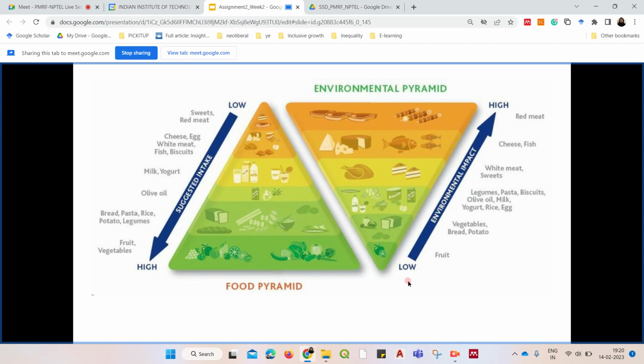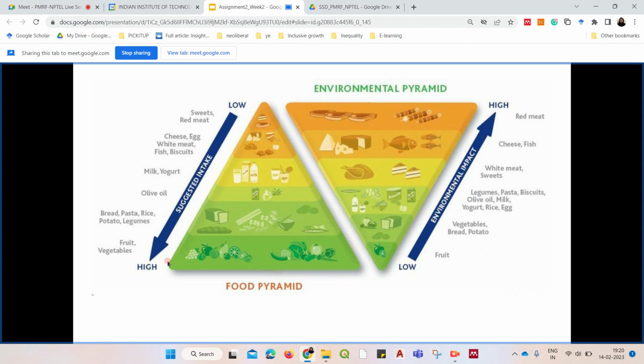So for example, it shows you from high to low what intake of food is suggested more for your food consumption to be environmentally sustainable, and then from low to high, how much environmental impact different kinds of food make.